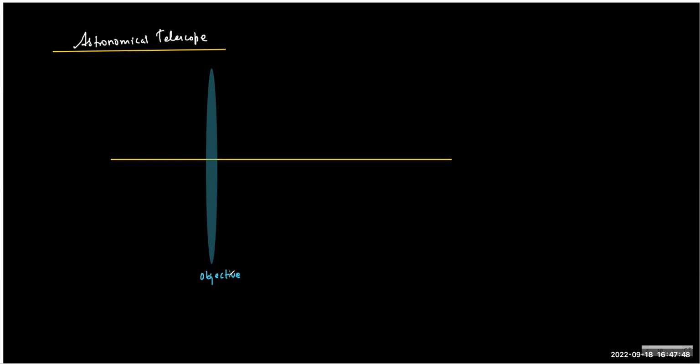So the first thing is to increase the brightness, because the celestial body will give you a small amount of light anyway. If you want to receive a large amount of light, you need to increase the aperture size. So the problem with the astronomical telescope is to create as big an aperture as possible.